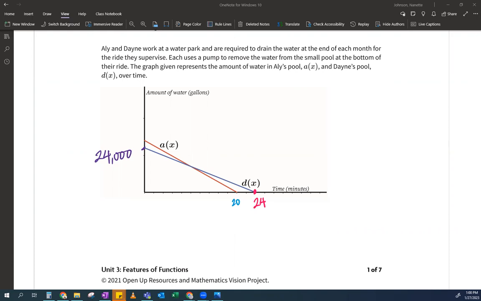Okay, so if that's 20, that kind of helps me. And then I look up here on this side, and I don't really see tick marks on this side. The only thing I see on this side is that this is 24,000. So the other piece of information I'm going to have to tell you is that this number is 28,000. I think I forgot to give that to you.